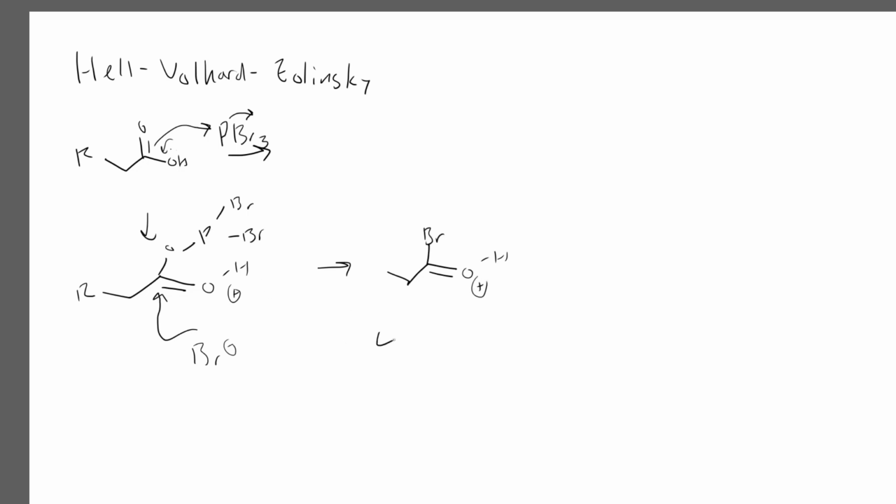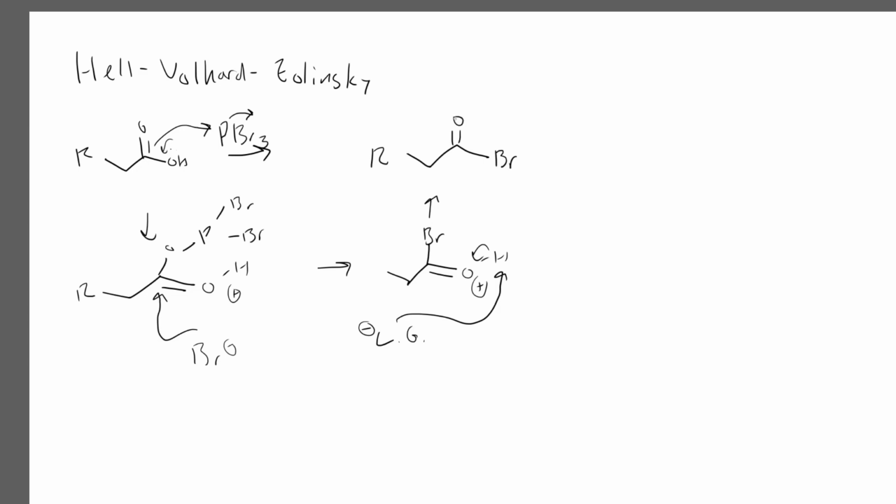And the leaving group that we just formed is actually going to come in, and what a miss, huh, and deprotonate this for us and in turn form our acyl halide.